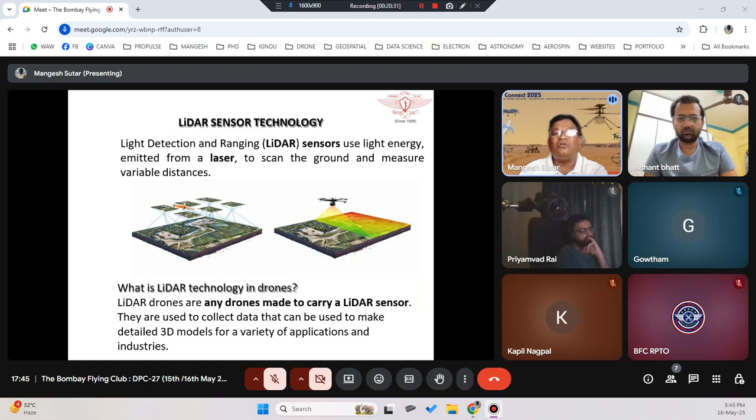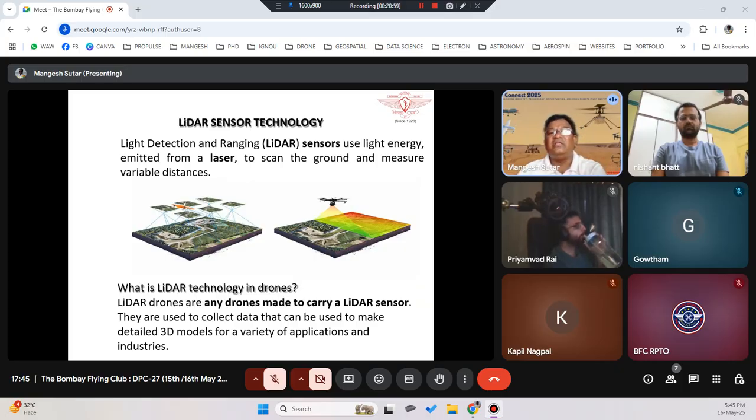So what is lidar technology in drones? Lidar drones are any drones made to carry lidar sensors. There are special drones required because this lidar device is very big and huge. Sometimes even the lidar is more expensive than your drone. So you need to be careful. You have to use specialized drones; there are drones designed only to have a lidar as a payload. Those drones you have to fly if you want to capture lidar data.